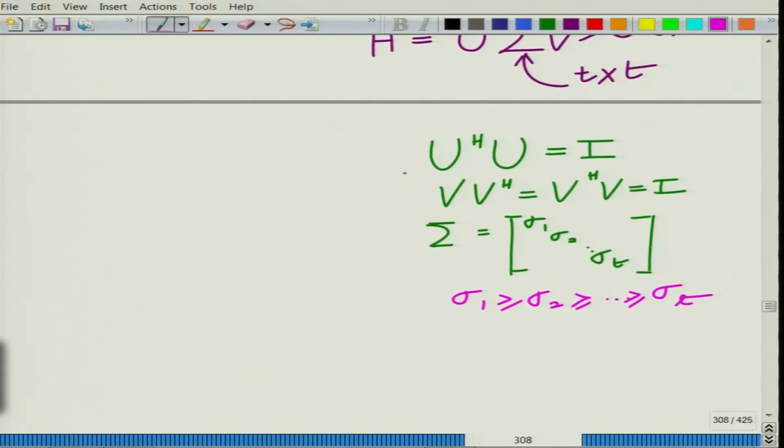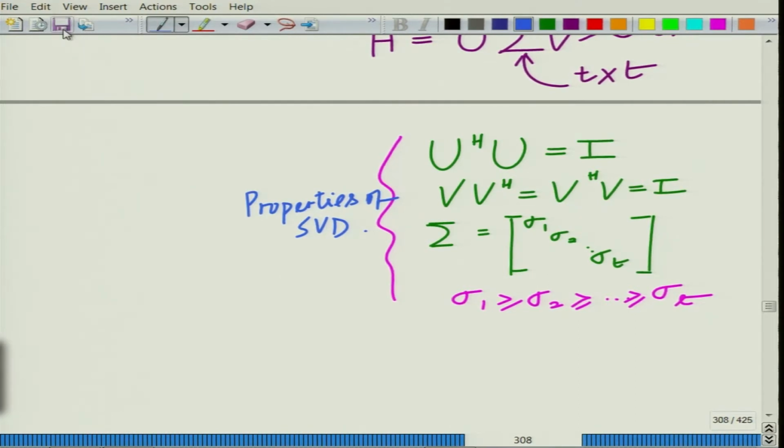Okay. So, if you recall, these are the properties of the singular value decomposition.